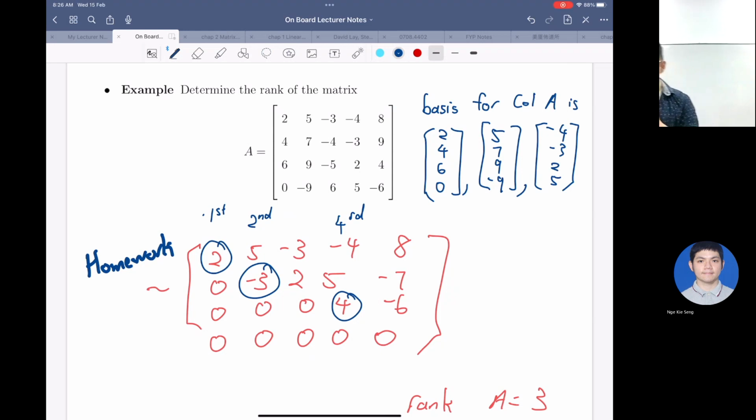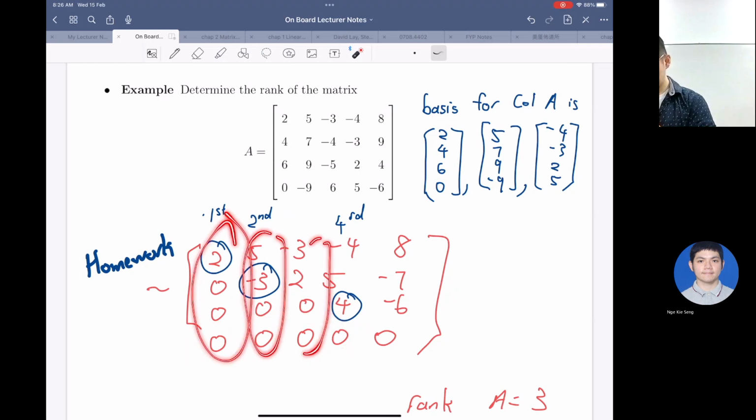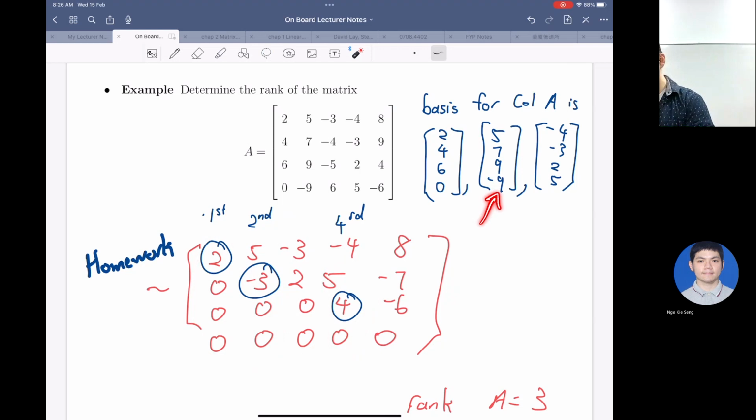Okay? Because you can realize that there's all 0 in the last row here. If you pick vectors from the reduced A, you can never generate a non-zero number in the fourth row.